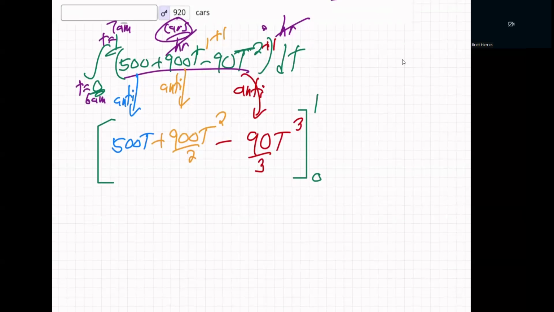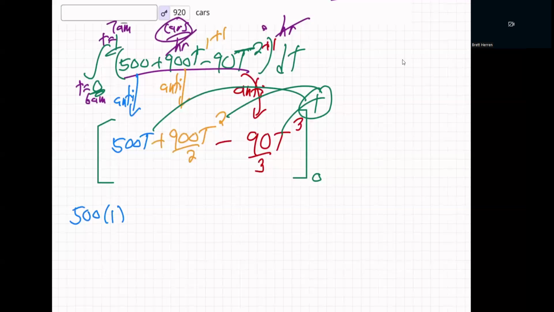So that means we're going to take 1 and plug it in. So I'm going to get 500 times 1 plus 900 over 2, that's 450 times 1, minus 90 over 3, that's 30 times 1 cubed.